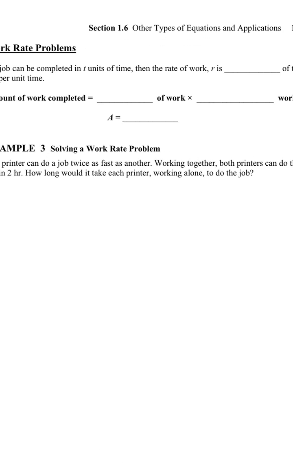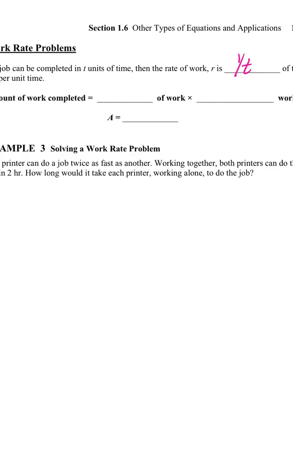All right, so now we've got a work rate problem. If a job can be completed in T units of time, let me enlarge this, I didn't realize it got so small, then the work rate, R, is 1 over T of the job per unit time.